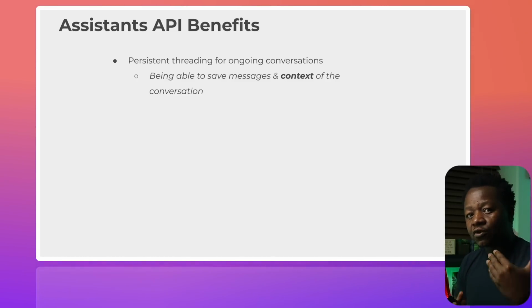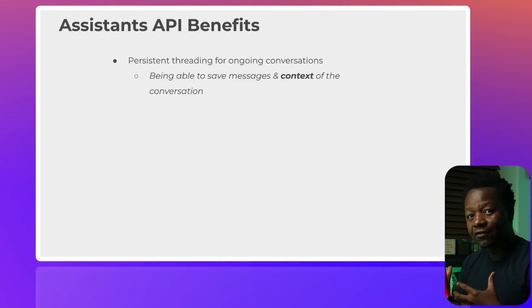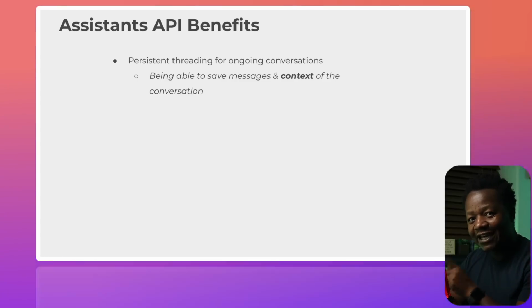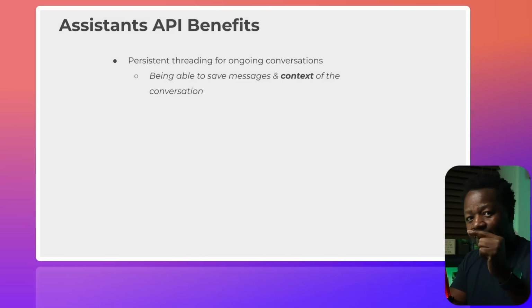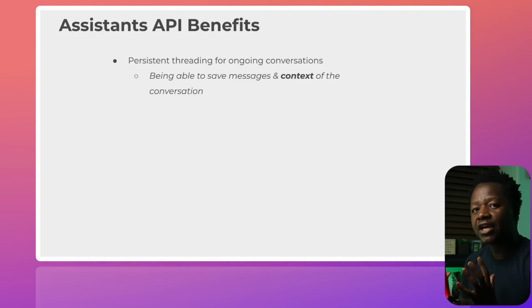That way, let's say you're creating a bot, you don't have to save that context yourself, so that when you ask a question that requires knowing about the previous conversation, the bot will actually know what it's referring to because it has the context. Okay, that's huge because now we don't have to worry about that. The Assistants API has that built in.